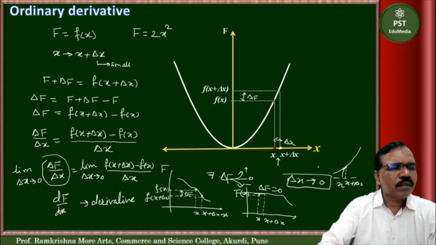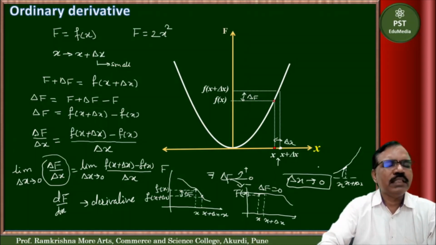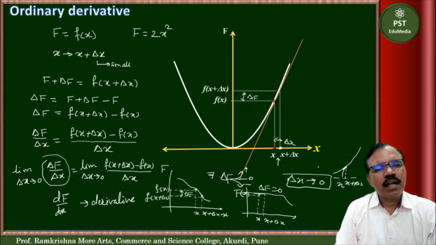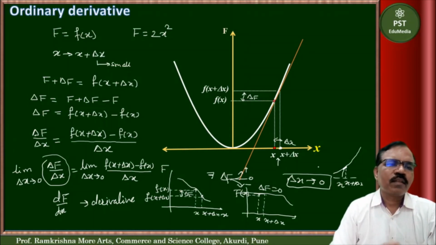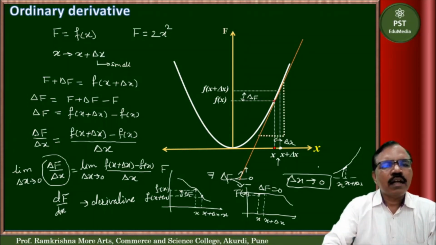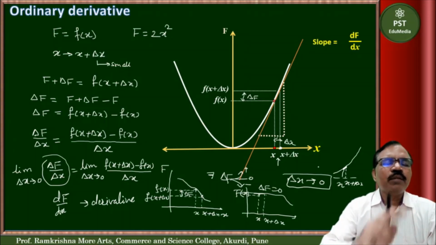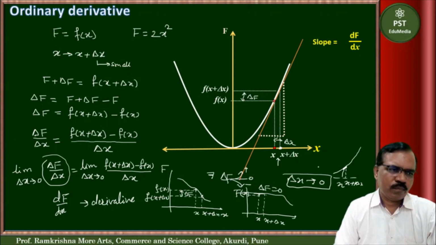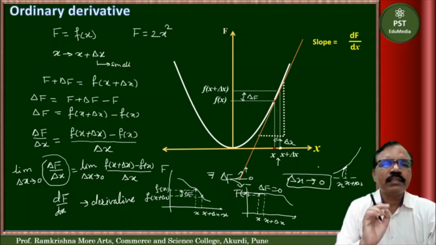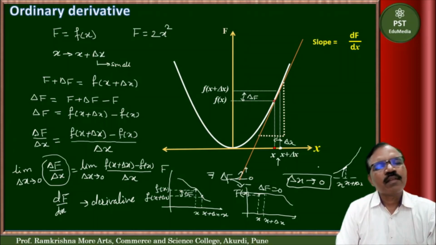So what is the meaning of this df by dx? So if we draw a tangent to the curve at x, and if we find the slope of that tangent, that slope will be equal to df by dx. So here df by dx represents the slope of the tangent at a point to that function. So in this way we define ordinary derivative.